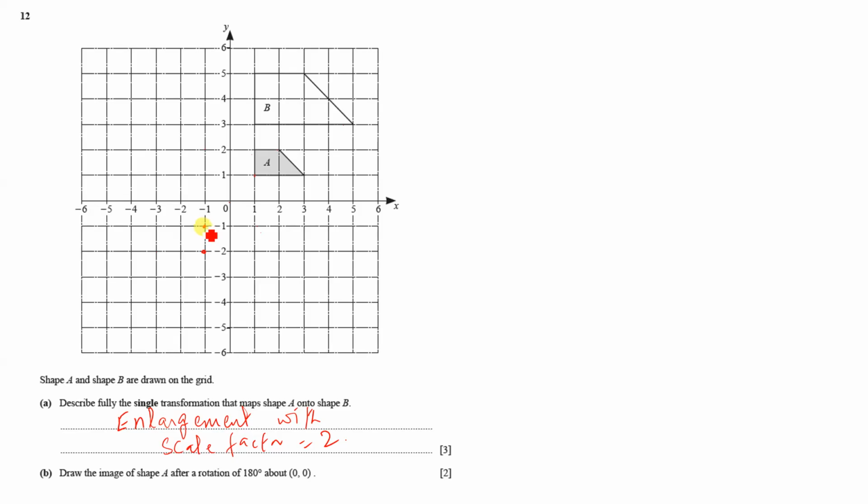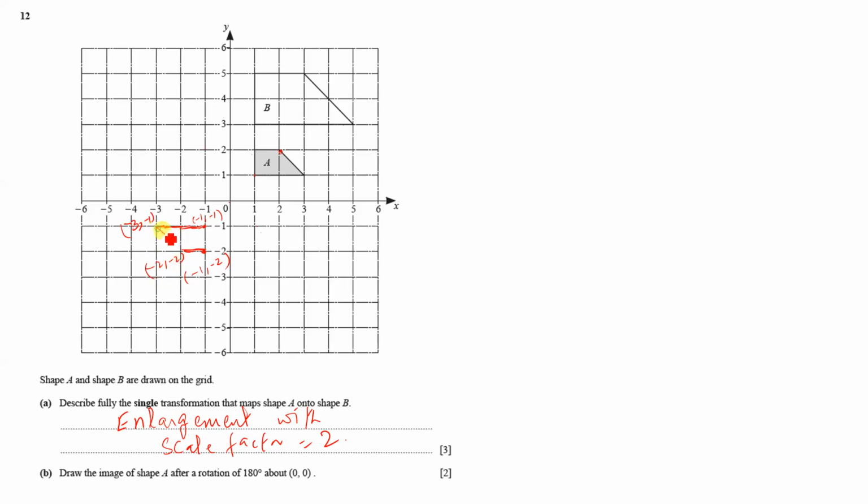So this is how it will look. This is the point, so (-3, -1), and this point is (-1, -1), and this point will be (-1, -2), and this is the last point, this one, that is (-2, -2).